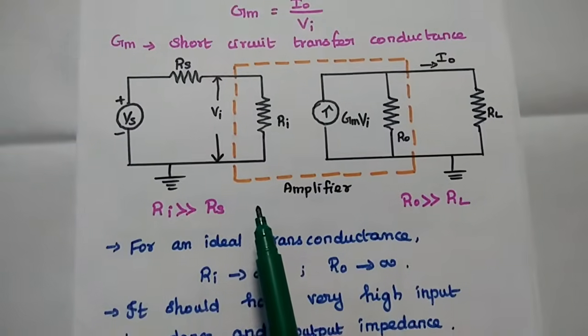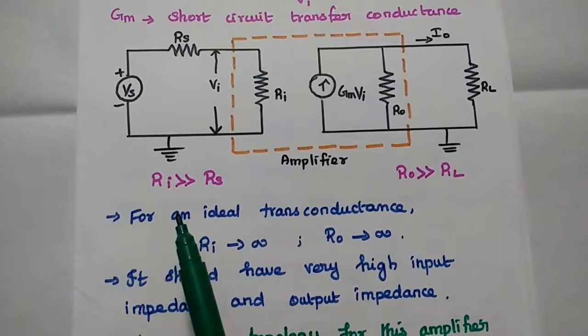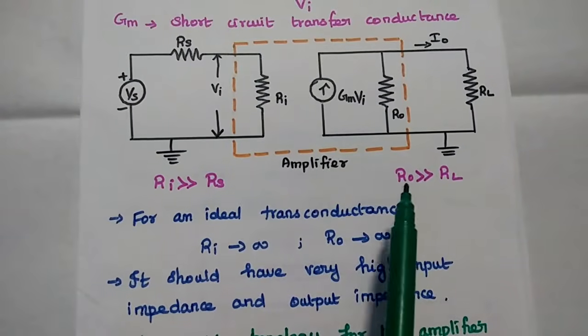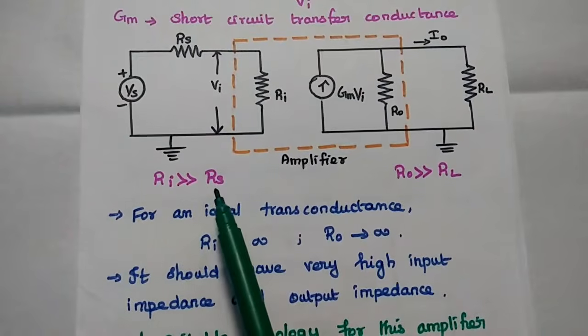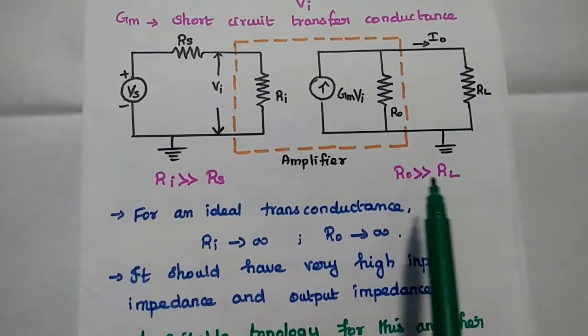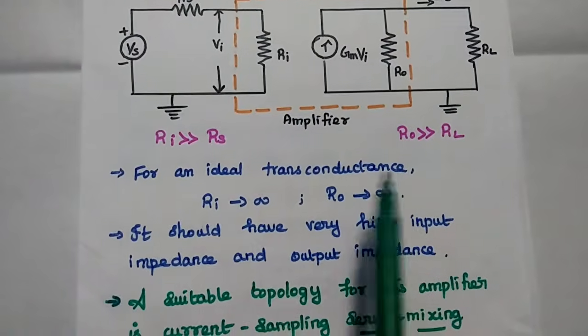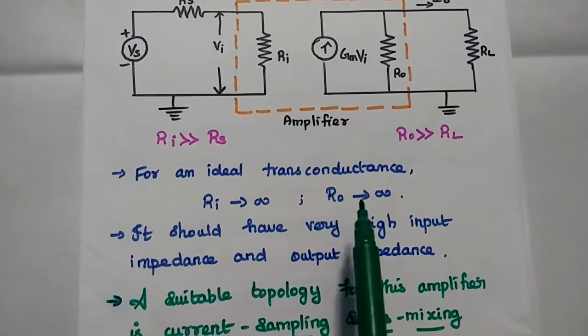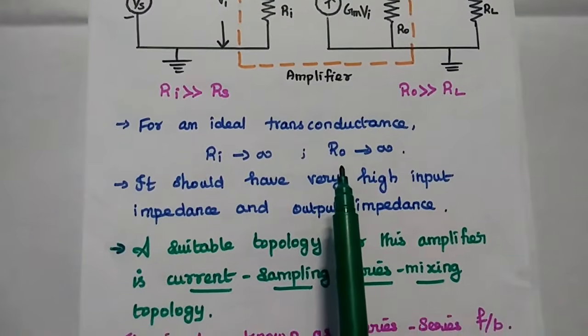The condition for this transconductance amplifier is that the input impedance and the output impedance both should be high. Ri should be greater than RS, and here RO is greater than RL. For an ideal transconductance amplifier, Ri and RO both are infinite, that means very high value.